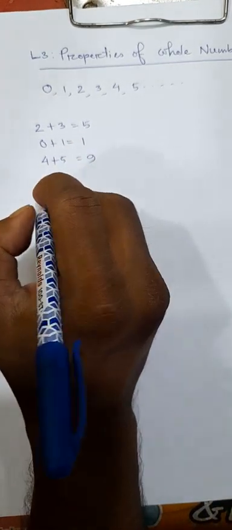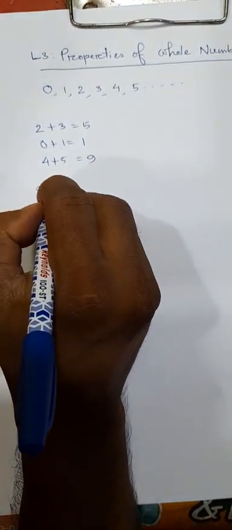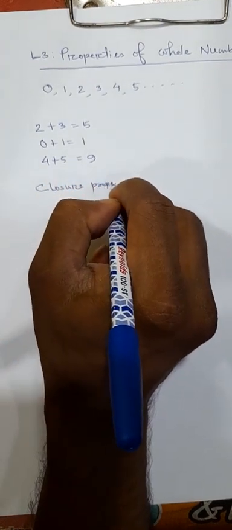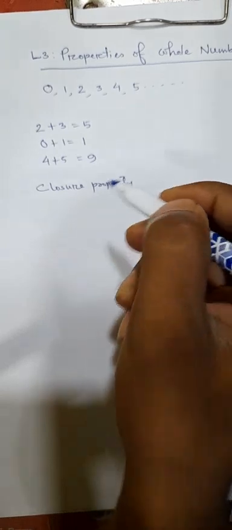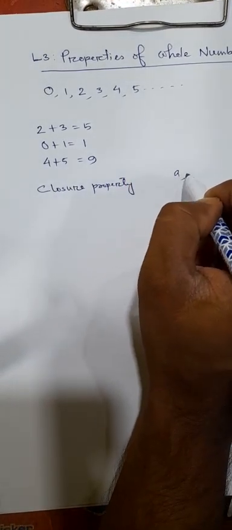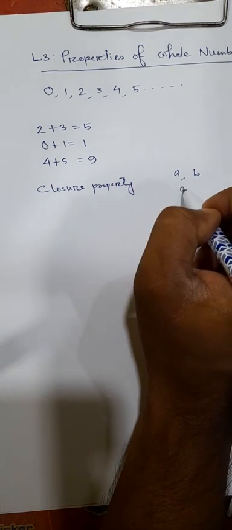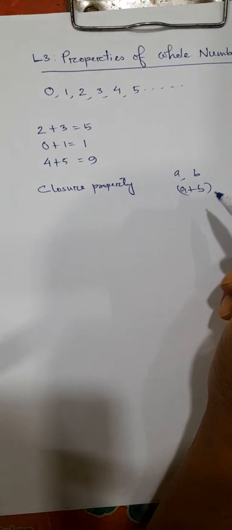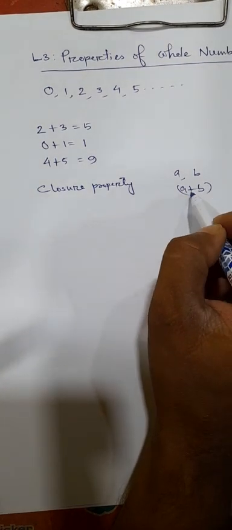This property is called closure property. That means if there are two whole numbers a and b, then a plus b is again a whole number. That means whole numbers are closed with respect to the operation of addition.